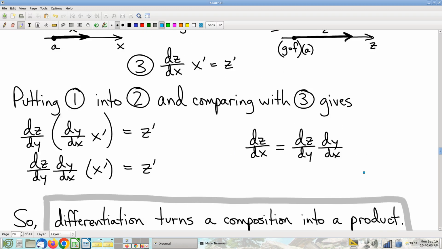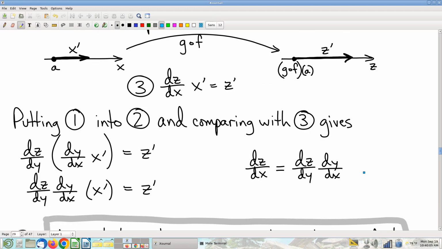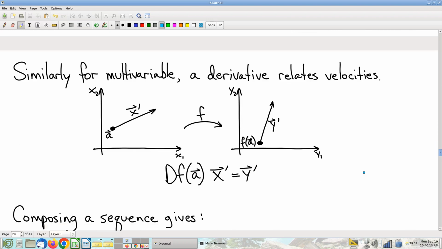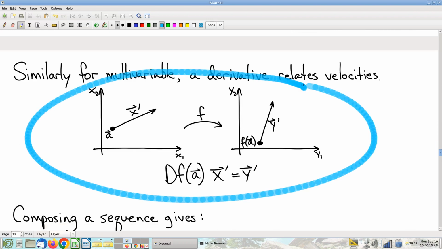Okay, so all single variable calculus. Now what I'm going to do is the exact same strategy to derive a very analogous result for multivariable. And here, first, the observation about what a derivative is in a multivariable setting. A derivative is a relationship between input velocity and output velocity. What do you do to the green vector to get the yellow vector?